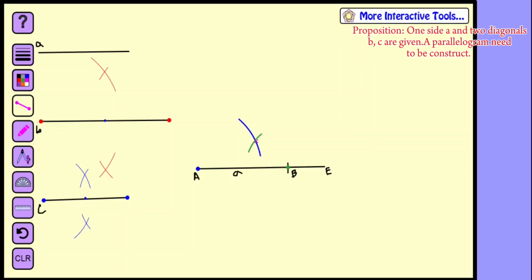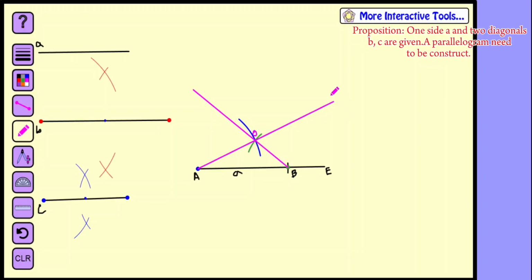Now take your pencil and scale, join this point, and we give the name O to this midpoint. Now take your scale and join OA and extend it on the upper side. You can see I just extended it, and do the same process, join BO and extend it on the other side also. We are not finished yet, just a little bit of work remains.